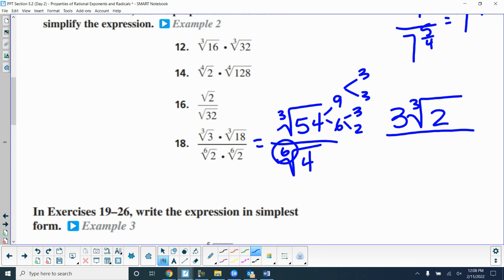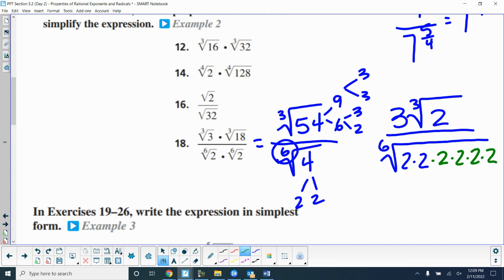Right, since it's index of 6, how do I get rid of that? Remember, there's no radicals allowed under here, right? So how do I get rid of that radical? I already have 2 2s, right? How many more 2s do I need? Well, I need 6 total, but I need how many more? 4, right? Whatever I do to the bottom, gotta do to the top, right?